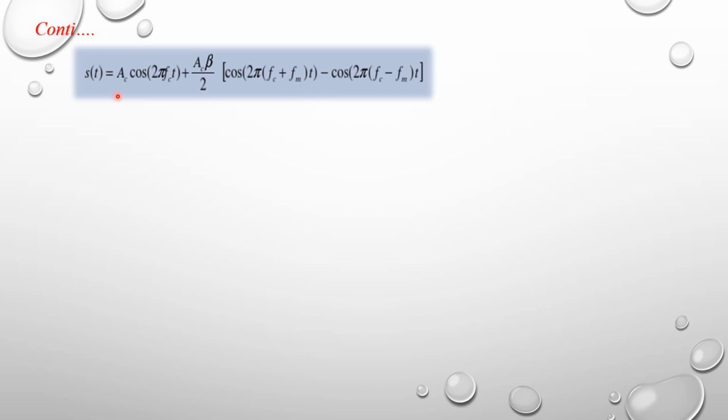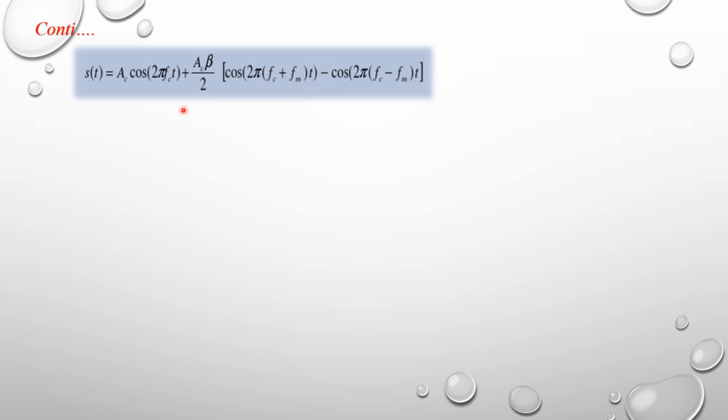The narrowband FM equation consists of the carrier frequency, upper sideband and lower sideband. Amplitude modulation also consists of the carrier signal, upper sideband and lower sideband. The only difference is the negative sign.